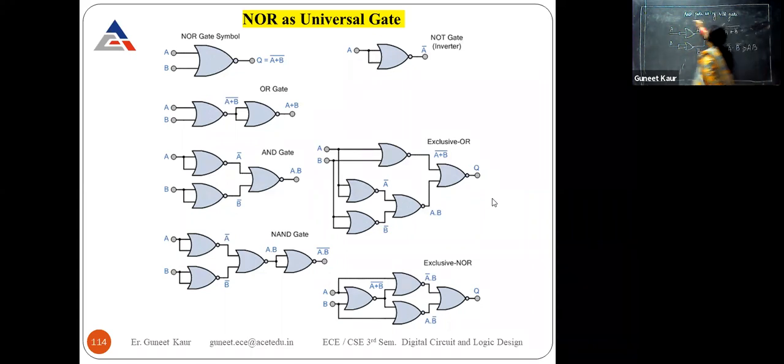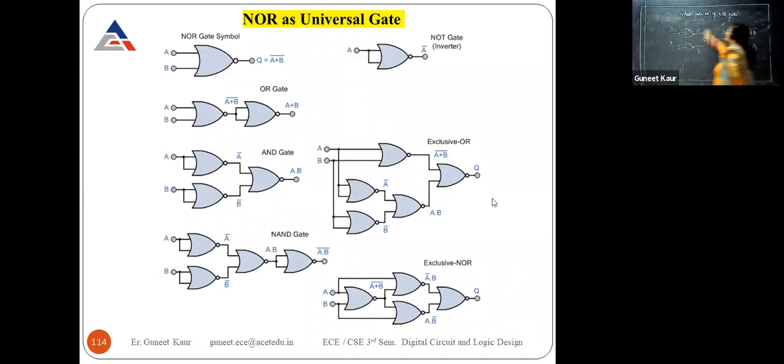Okay. Now next, if you want the NAND gate, you have to derive the NAND gate. Just simply put, because you know that here we will get AB, simply tie up the two inputs of another NOR gate and give this as input. You will get the A B bar expression here.